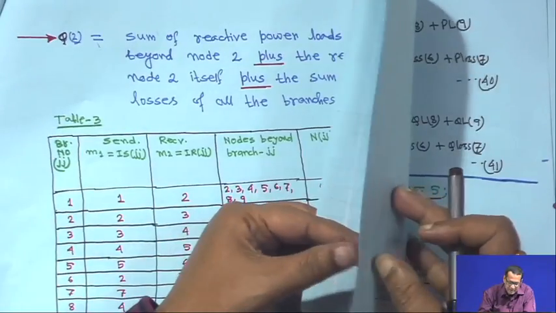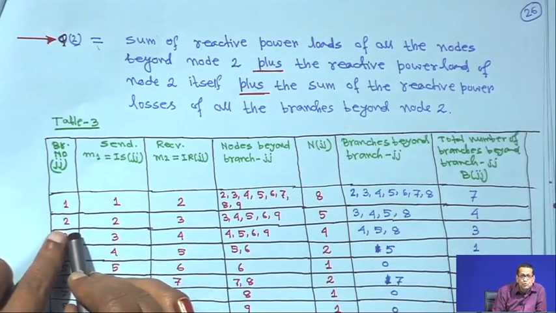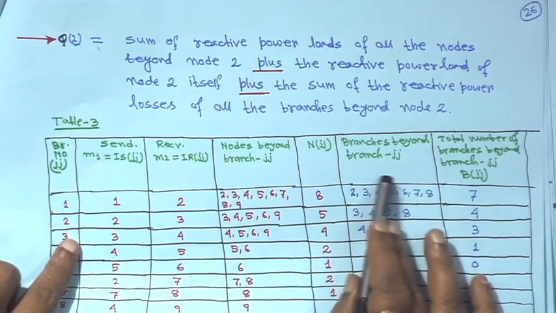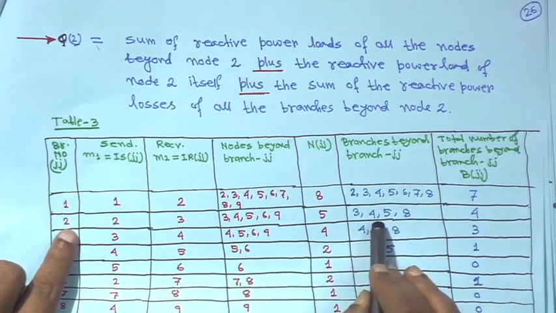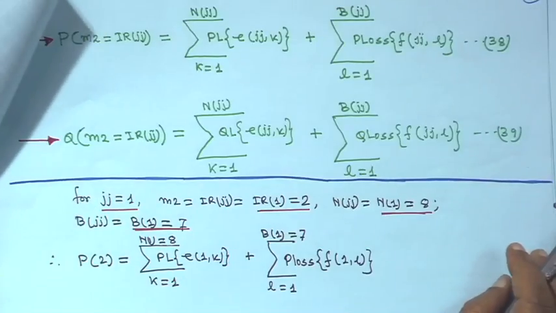Similarly, when JJ is equal to 2, your total number of branches beyond branch 2 is basically 3, 4, 5, 8, and B_JJ, that is B_2, is equal to 4.